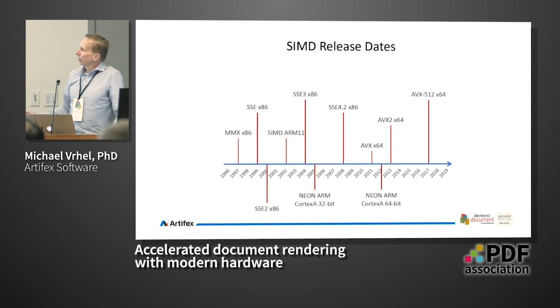The SIMD stuff started to appear back in 1997 with Intel's MMX. Since then, they've evolved to what they call SSE versions, and those continued up until recently, when they switched to AVX namings, and now AVX 512, which works on 512-bit registers.